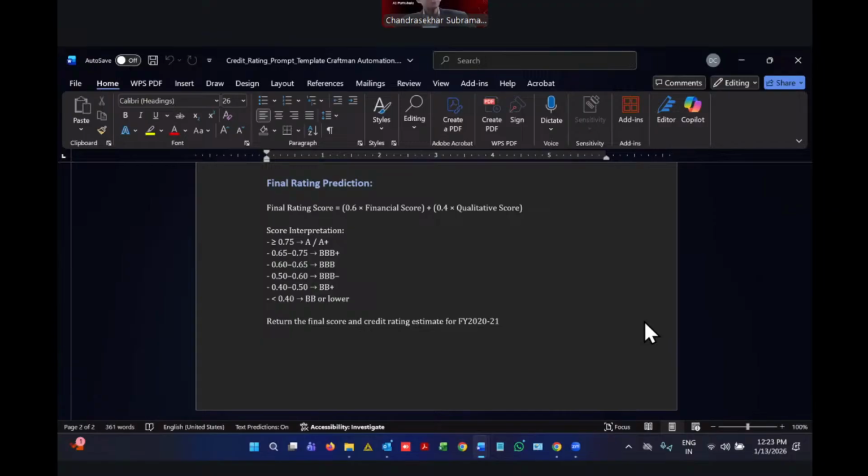Then you will have to build a RAG pipeline. This is something called retrieval augmented generation pipeline you build. Then you train this LLM, your own local LLM. You do the fine tuning. Then it runs on your machine.